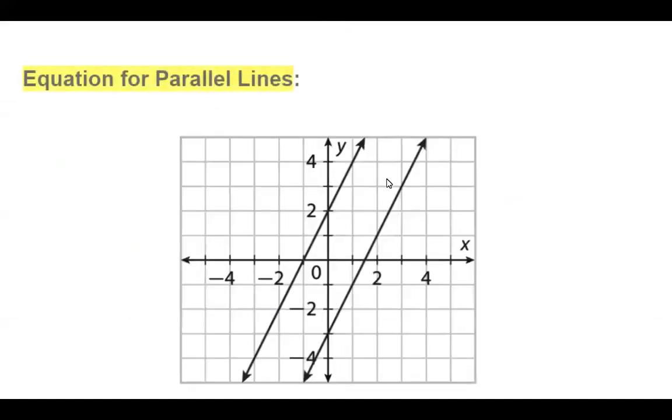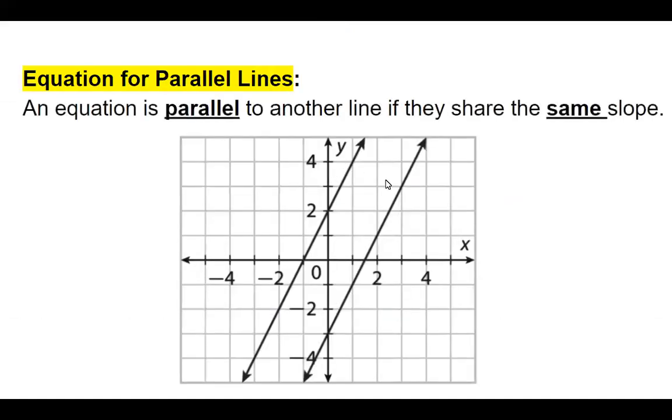All right, just to clarify, guys, whenever we have equations of parallel lines, a line is parallel to another only if they have the same slope. If it's given as a graph, we can check its slope. I'm going to select 2 points. What is the slope of the first line? What's our rise? 1, 2, so it's 2. What's my run? 1. Now let's select another 2 points on this side.